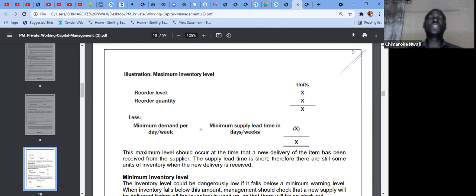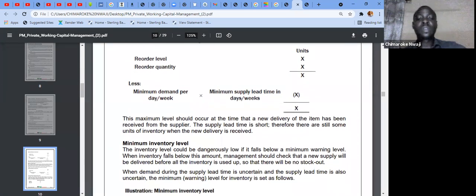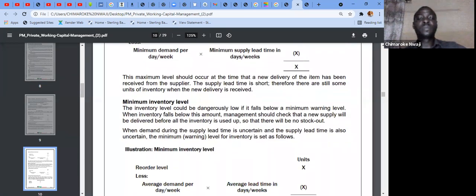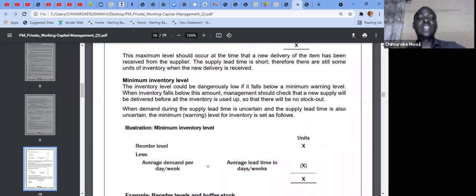So that shoots your inventory level to a particular level, and that's your maximum level. What about your minimum level? The minimum inventory level is the level that if it falls below that, that's dangerous. It's a warning level. It means that there could be a stock out.